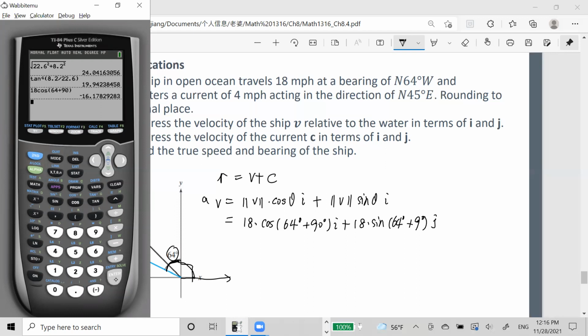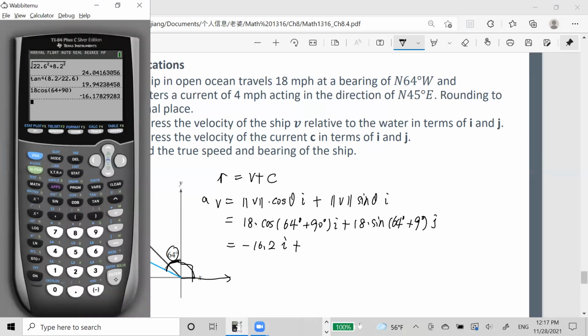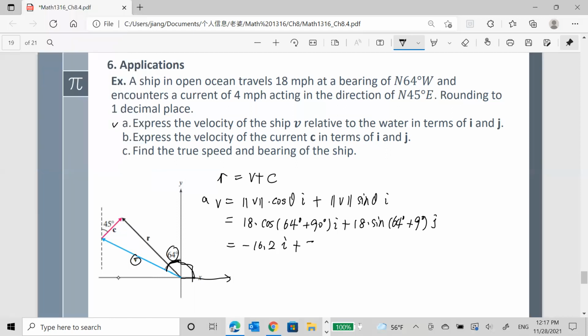It's negative 16.2 i. Now what is j? 18 times sine of 64 plus 90. Hit enter. That's 7.9 j. This is part A.